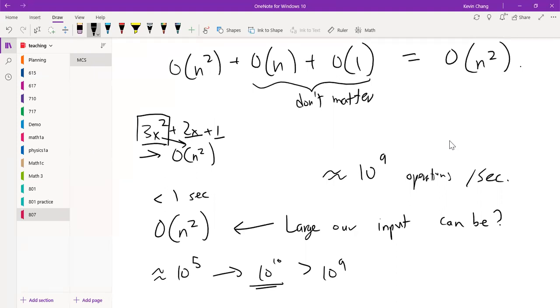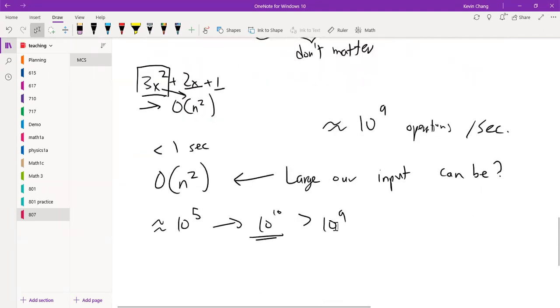So we would want to restrain what our input can be based on what the time complexity is, and also based on what time we want the program to complete within. So that's why time complexity matters in these cases. And it's also interesting to analyze time complexities of different algorithms so we can ensure that we're trying to find the most efficient process to solve a certain problem.